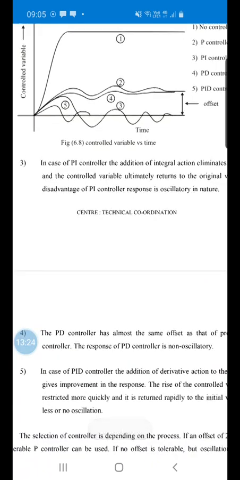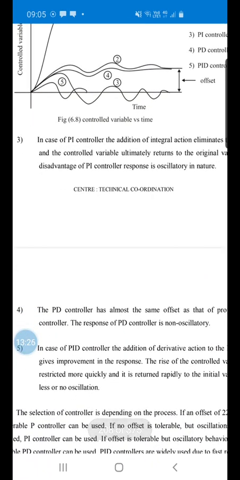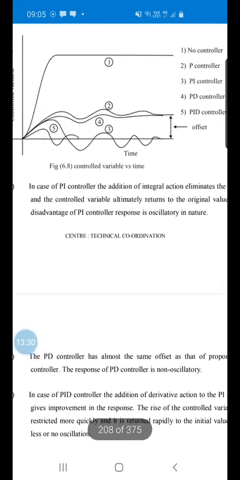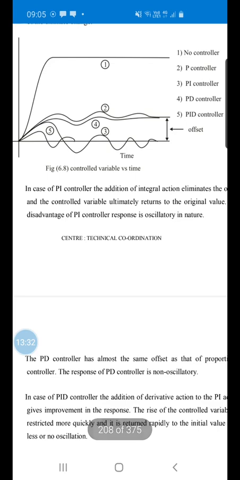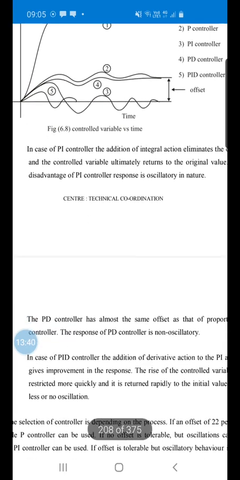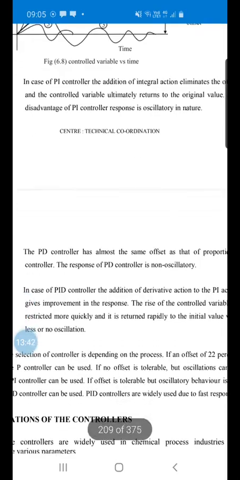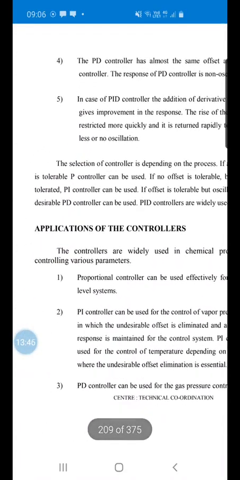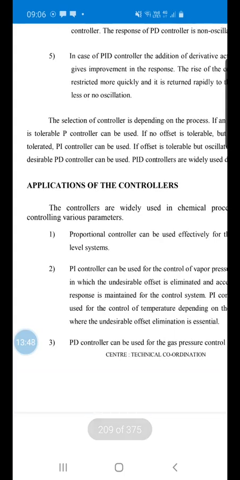If offset is tolerable, but the oscillatory behavior is not desirable, you can go for a PD controller. And if you want everything to be within limits, then PID controllers are widely used because of their fast response.